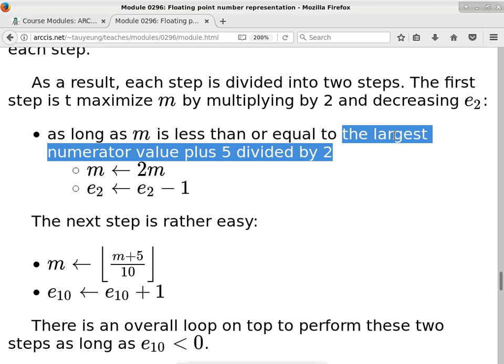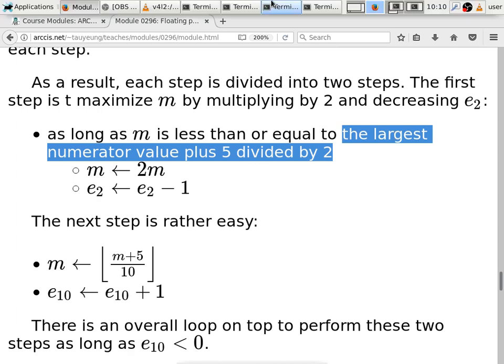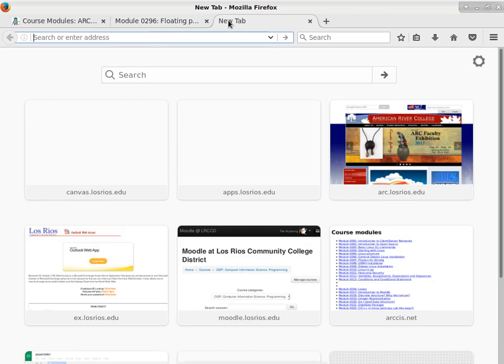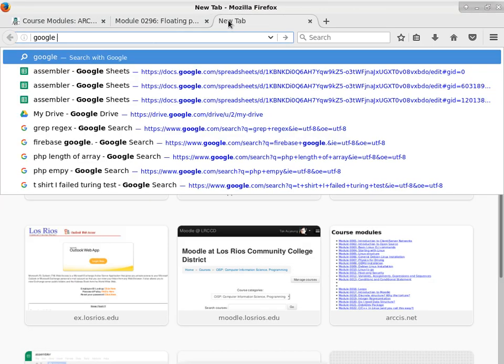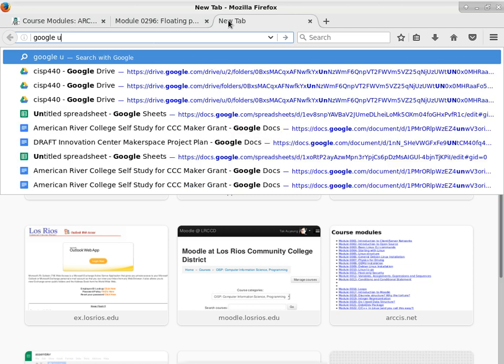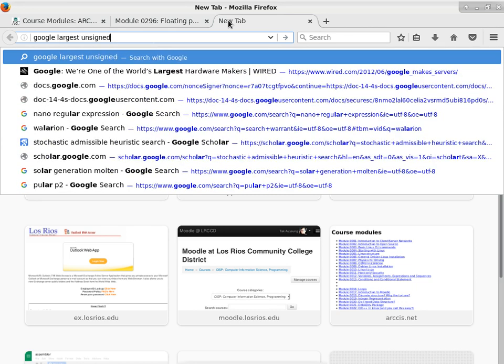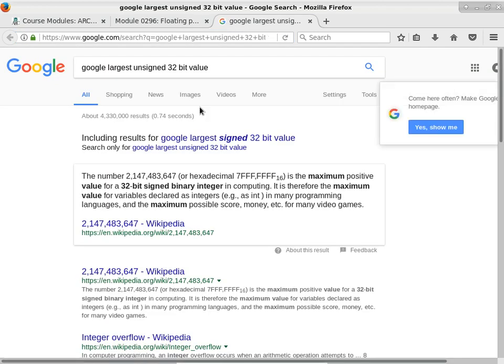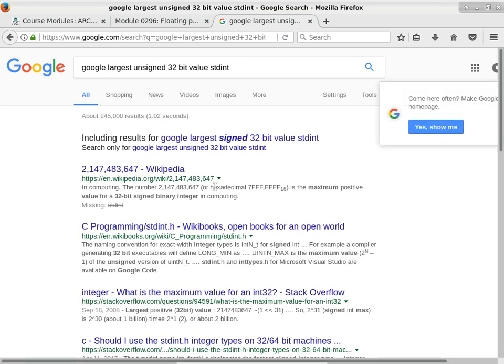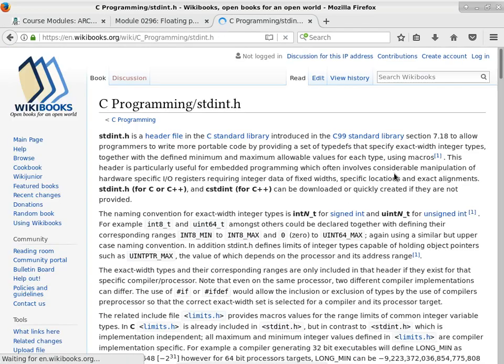Is that okay? Okay, so let me just do one part of what you're supposed to do. You want to Google for largest unsigned 32-bit value. Okay, and you can either hand type this by yourself, or you can also look into stdint, because it has that already predefined.